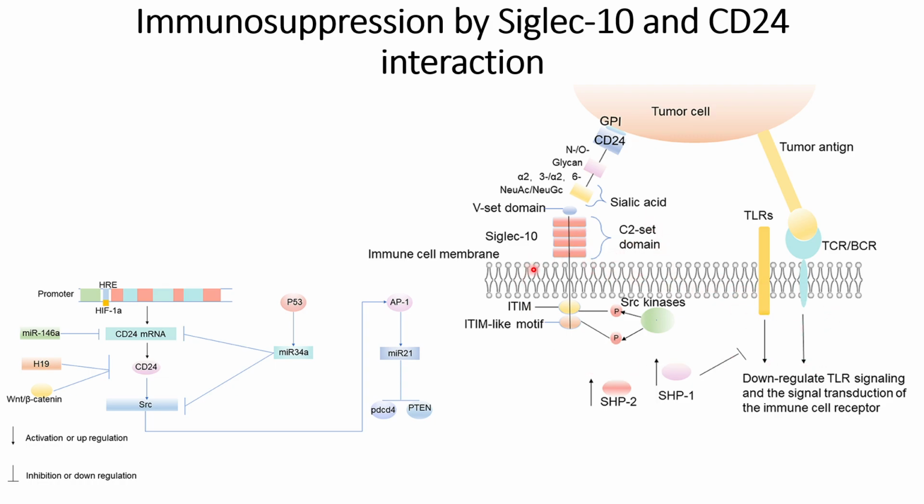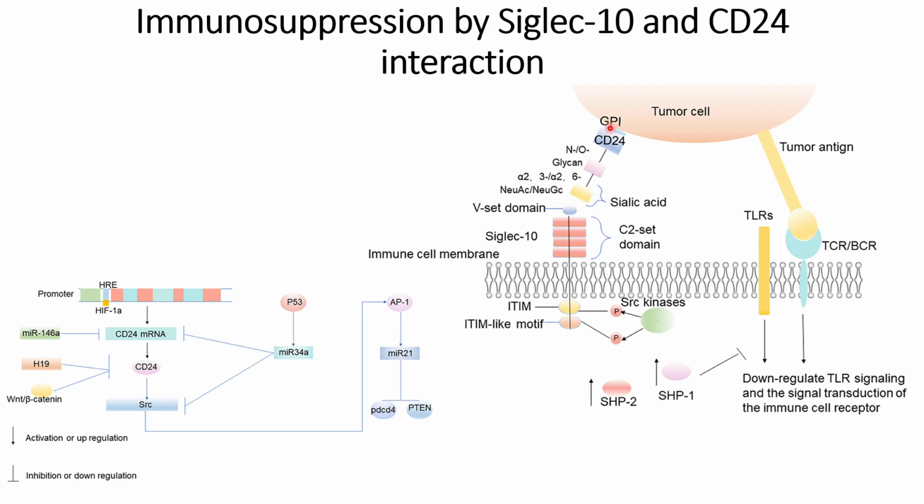The immune cells that contain Siglec-10 receptors interact with CD24, which undergoes post-translational modification. During the maturation process, CD24 gets decorated with glycans, and it has sialic acid at the end.